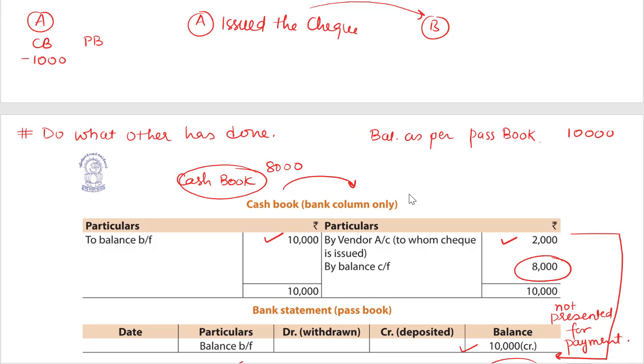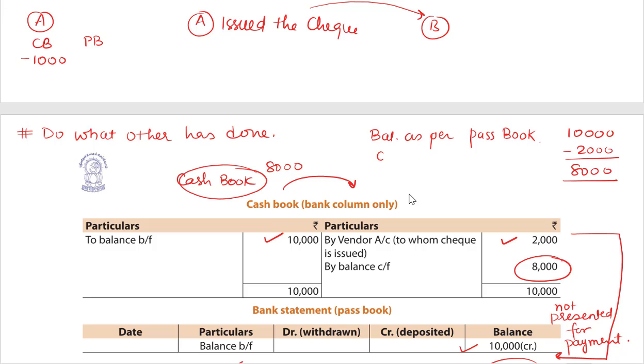The cash book balance is 8,000 and our balance is 10,000. What we will do in the passbook, we will deduct 2,000 and we will make the balance 8,000, and this would be balance as per cash book. I believe you understood.